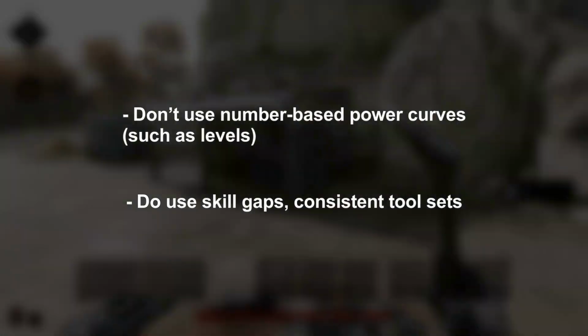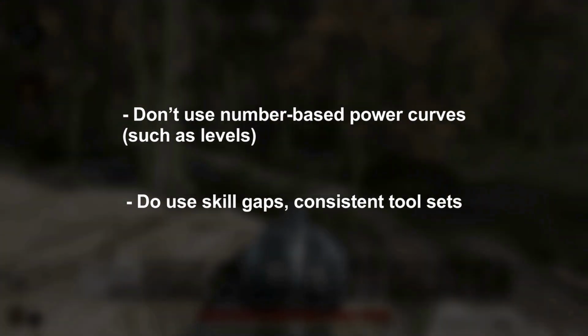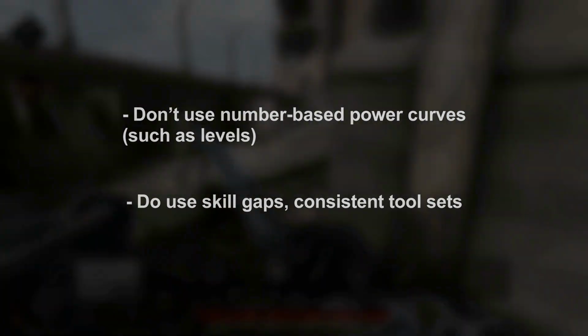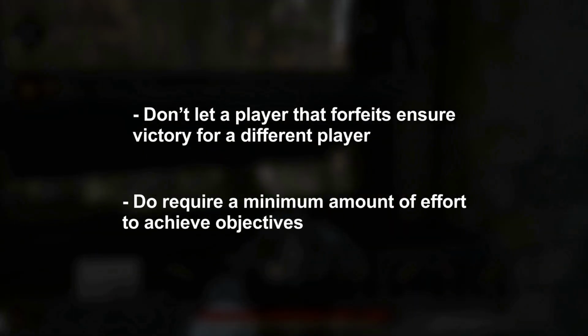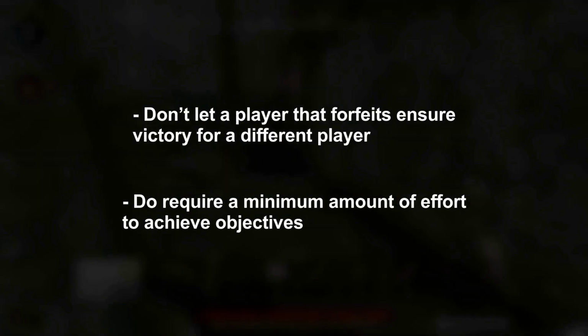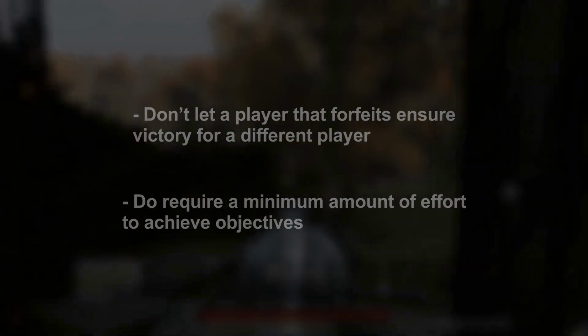So in order for us to design around these issues and generally avoid the three-player problem, we can, number 1, don't use number-based power curves, things such as levels, and do use skill gaps and consistent tool sets. Number 2, don't let a player that forfeits ensure victory for a different player, and do require a minimum amount of effort to achieve objectives.